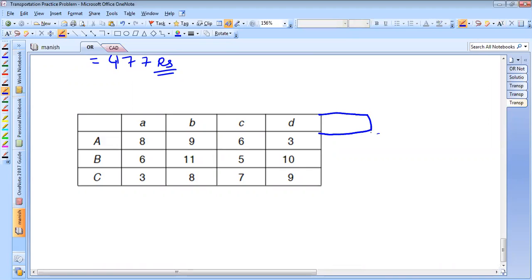So again, we are solving the same problem. Now this problem is to be solved with the least cost method. Again, this will be supply. Here it will be demand.